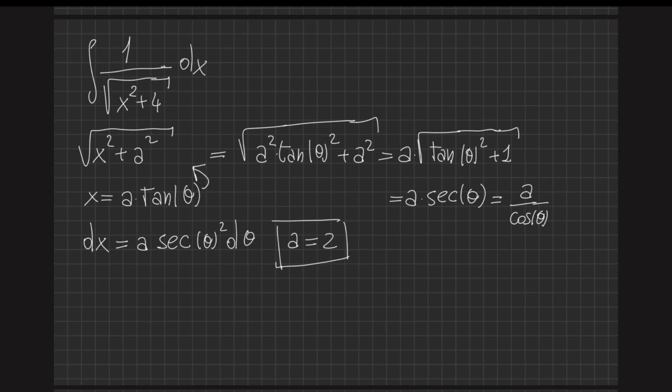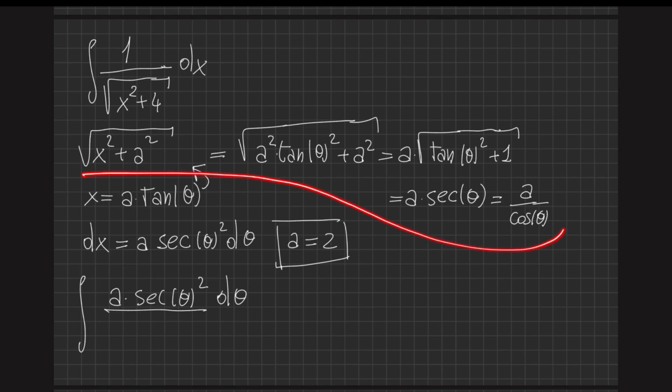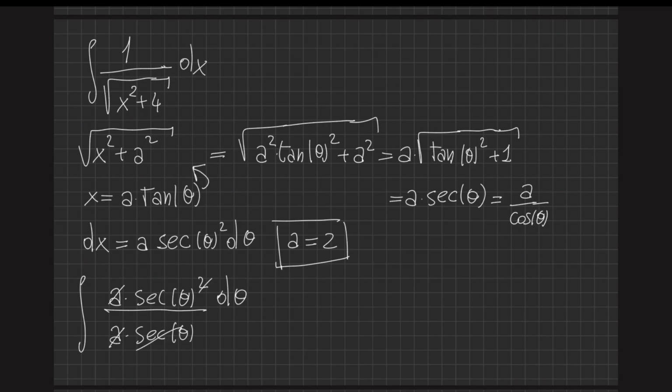Perfect. So the integral becomes, I'm integrating, dx is just a times the secant of theta squared d theta over the square root of x squared plus 4. We did all this chain of equalities, so we can rewrite the denominator as a times the secant of theta. And here a and a simplify, and also the secant simplifies up above and below.